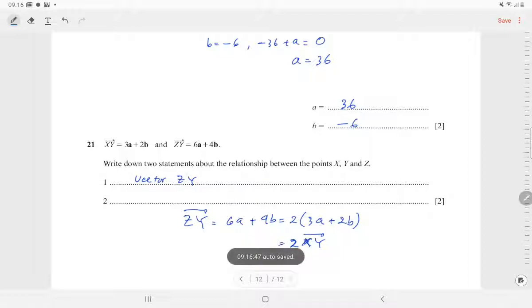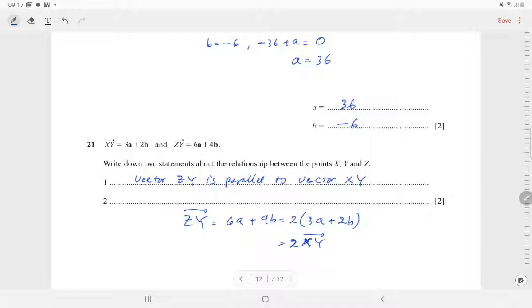Rather than two statements, we can say that vector zy is parallel to vector xy, and so they are collinear. Why are they collinear?